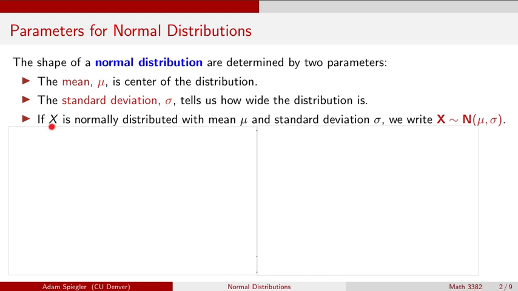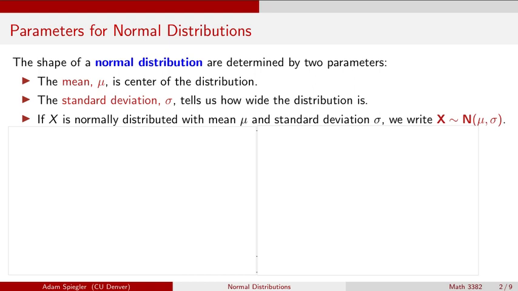So if a random variable x is normally distributed with mean mu and standard deviation sigma, then we write x is distributed with a normal distribution. We denote this with an N, and our two parameters are the mean, mu, and the standard deviation, sigma.